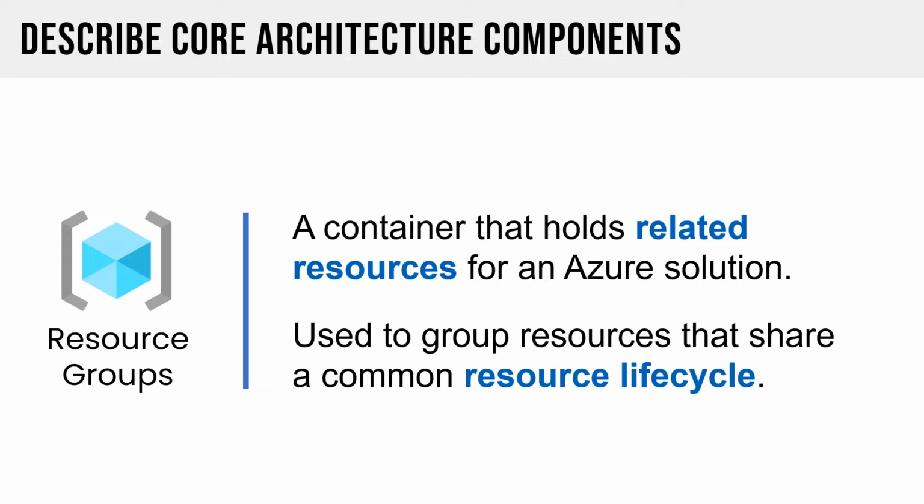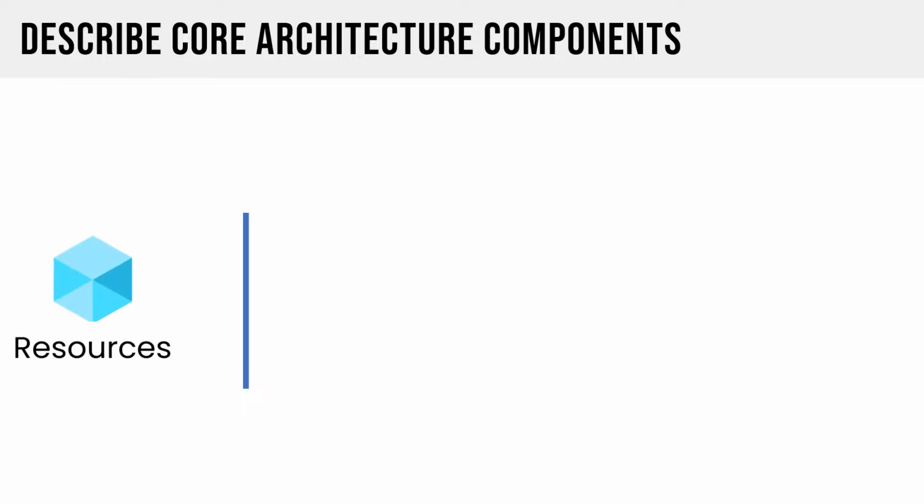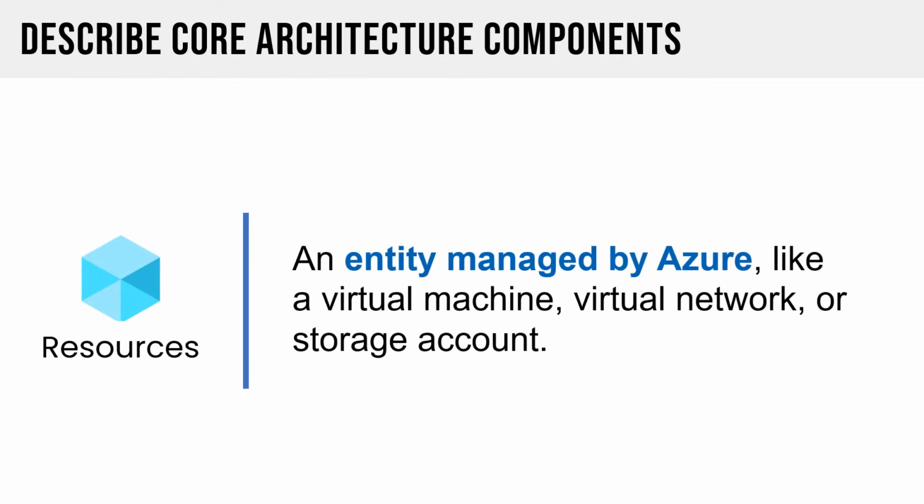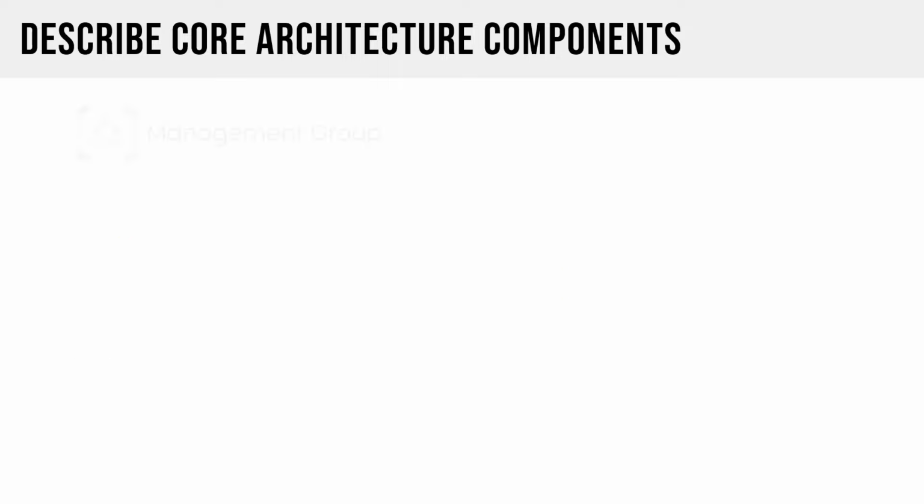All of those resources will go into that same resource group because they share a common lifecycle. And the resource group is the boundary for deployment. That's the target, so it would naturally go there anyway. And then resources are entities managed by Azure, like a virtual machine, a virtual network, or a storage account, which go into that resource group.